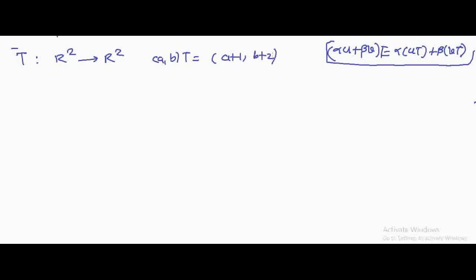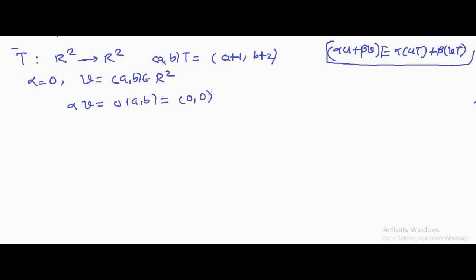This is the definition of this mapping. Now look at this. If we take alpha equal to 0 and v equal to (a, b), a member of R2, then alpha v equals 0 times (a, b), which is (0, 0).